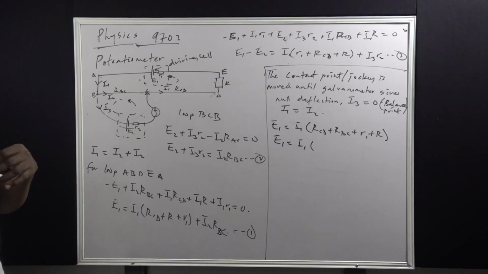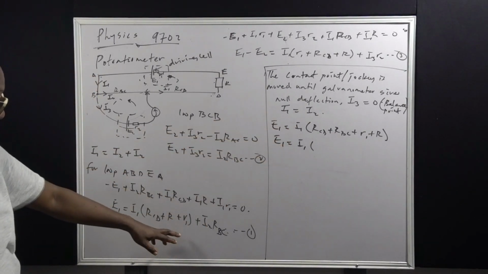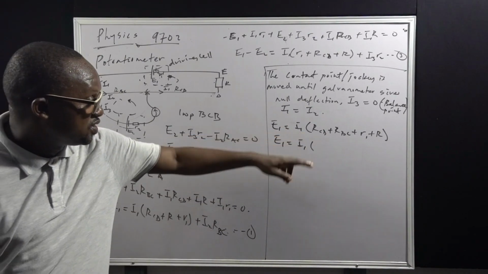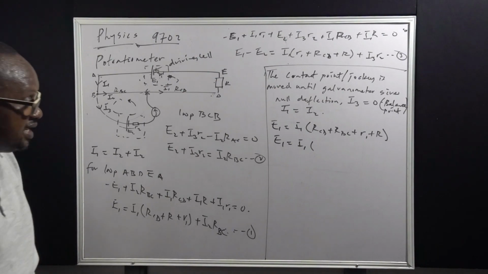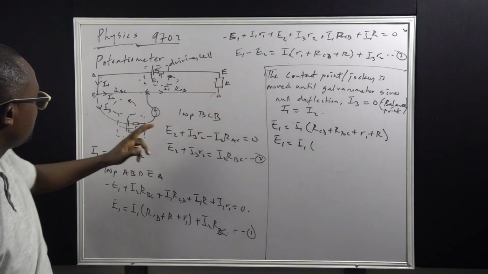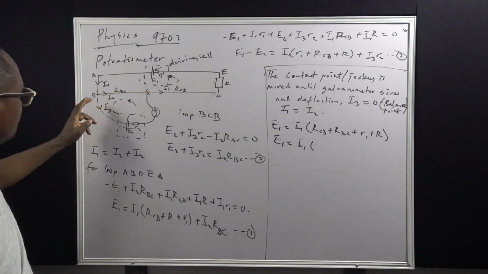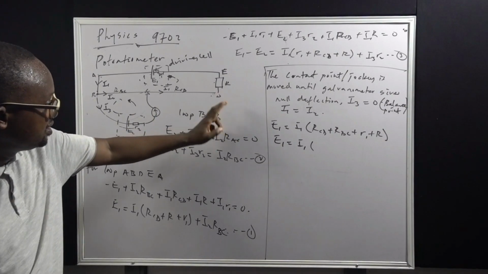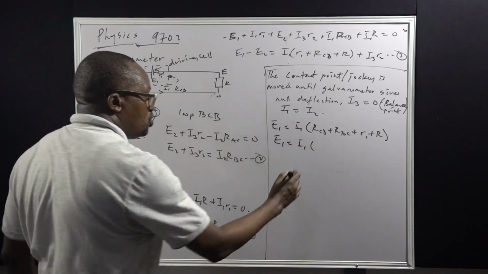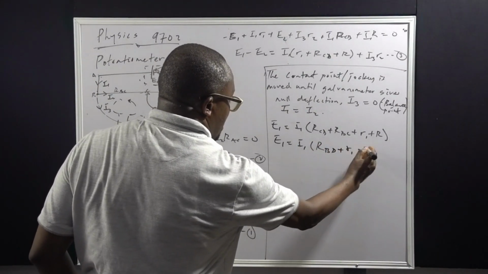So when I1 becomes I2, I2 is now equal to I1, then this equation becomes this. So I can say that the resistance of CD plus the resistance of BC will be equal to the resistance of BD. So RCD plus RBC will just be equal to resistance of BD plus R1 plus R.